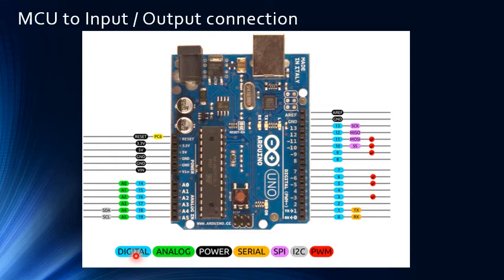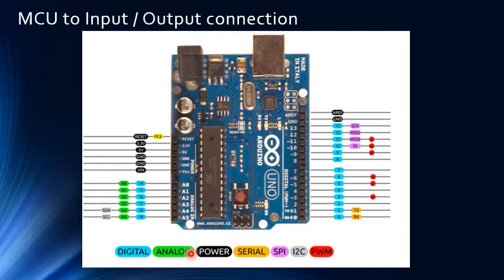The difference between the blue and the green ones is, the blue pins, this one is for the digital input and output. The digital means the output can only be 0 volt or 5 volt. It cannot go in between.